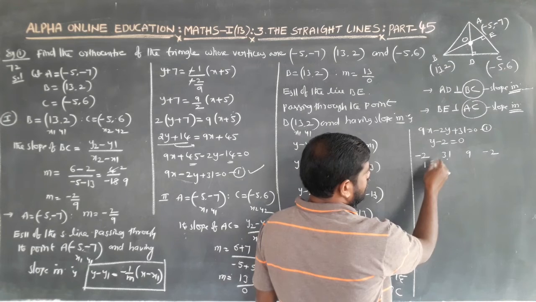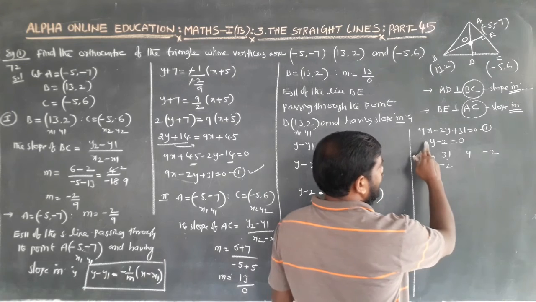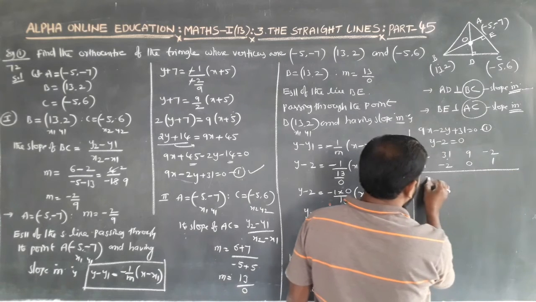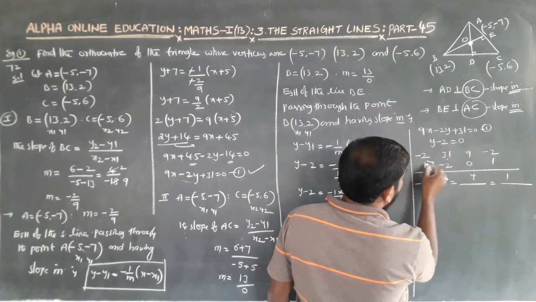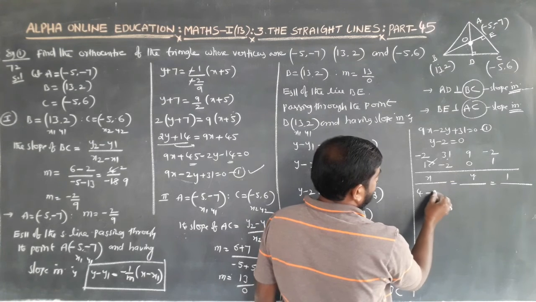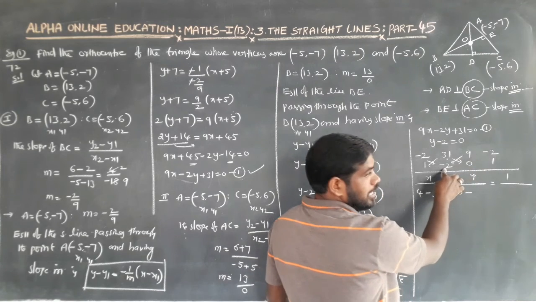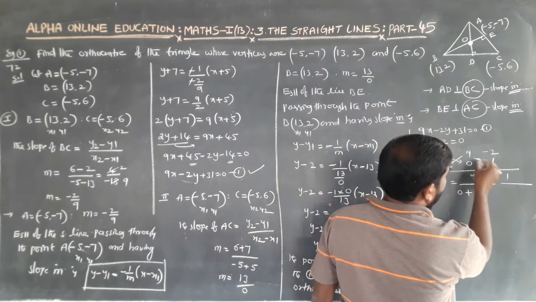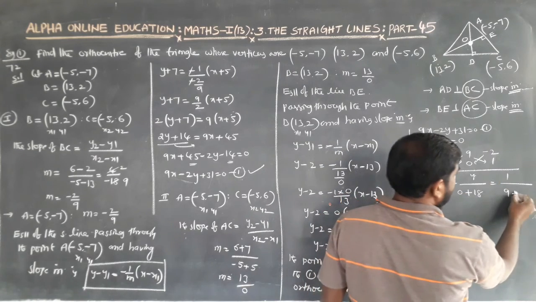Then x by (4 minus 31), y by (18 minus 0).